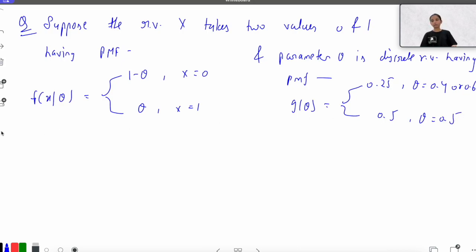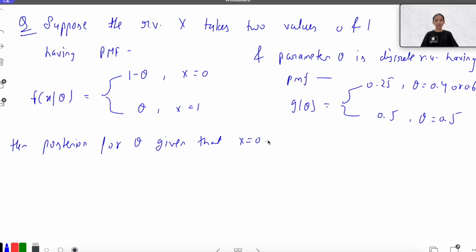Now the question is, what will be the posterior for theta given that x is equal to 0?